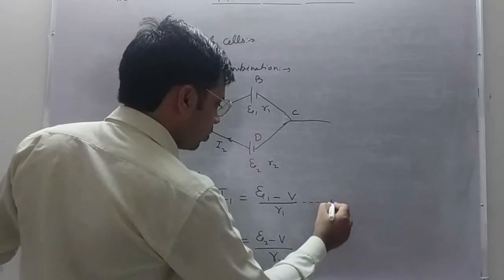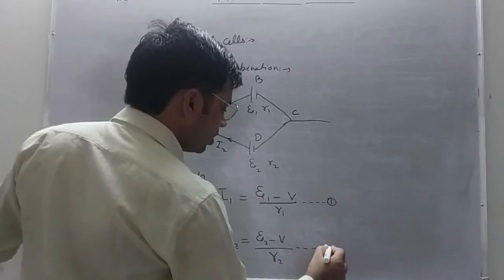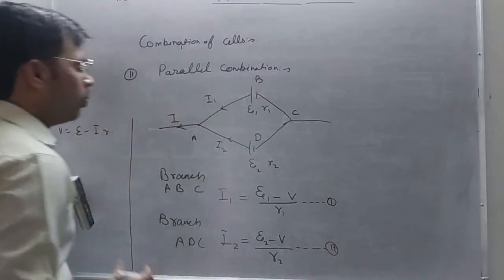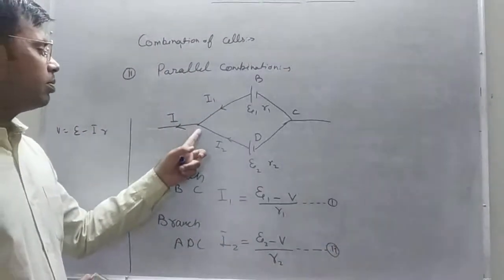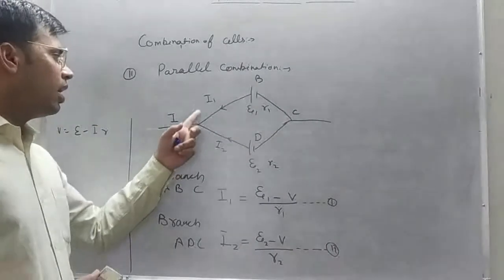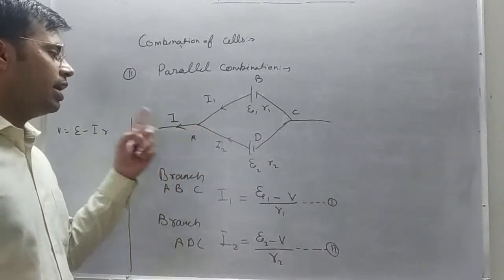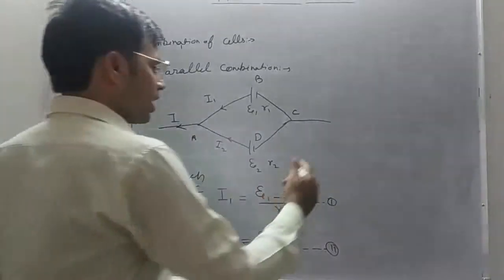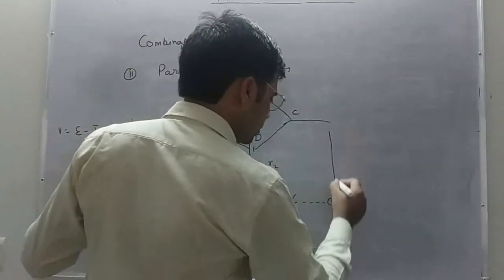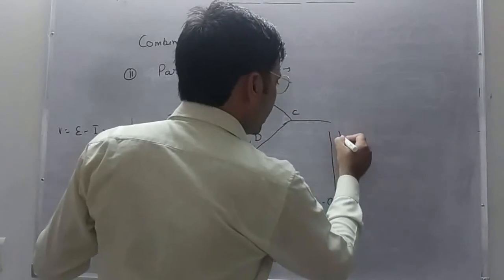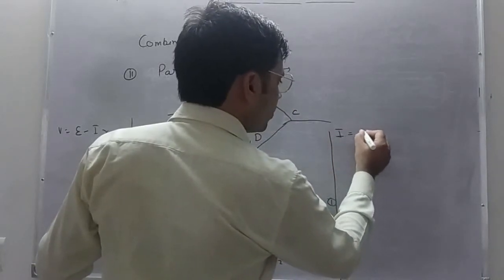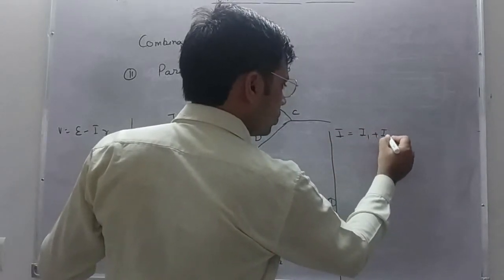This is equation number 1, this is equation number 2. Now at the point A, I1 and I2 are coming and they are becoming I. So we can write I is equals to I1 plus I2.